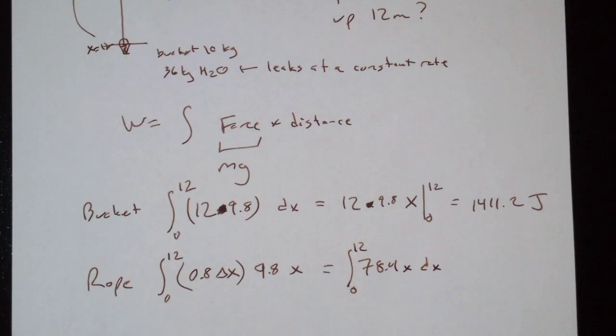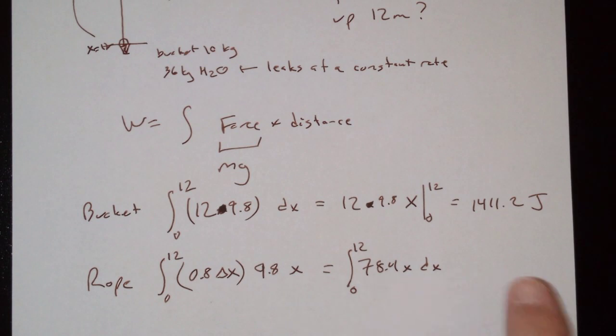There's my integral. That tells me how many joules it takes to lift the rope. And again, I don't know this number, but it's going to be 78.4 times 12 squared over 2, right?